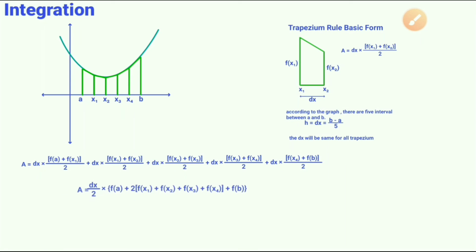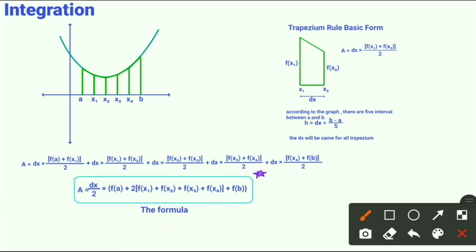There you go. You make an addition and you get this formula. This is the first one, this is the last one, and then 2 multiplied by f(x1), f(x2), f(x3), f(x4).